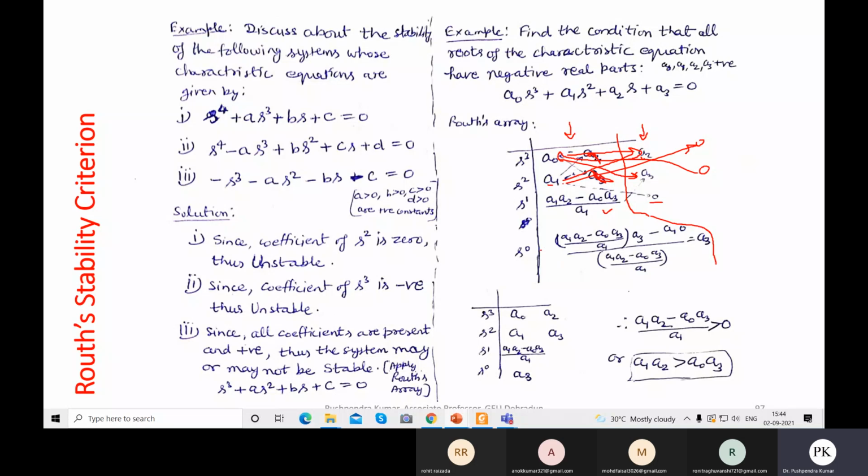Now the first term in the s^0 row will be this multiplied by this minus a1 into 0, divided by this, which when you solve will be equal to a3. So the final array will be like this: s^3, s^2, s^1, s^0.